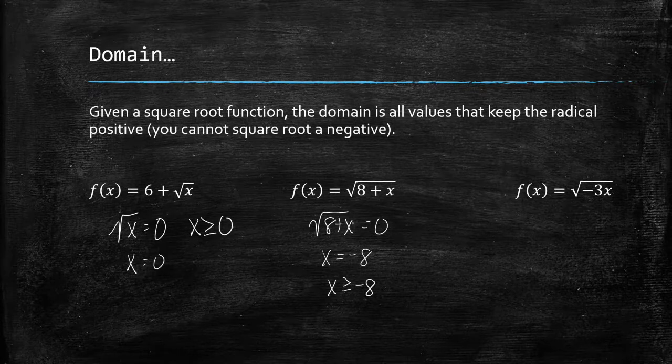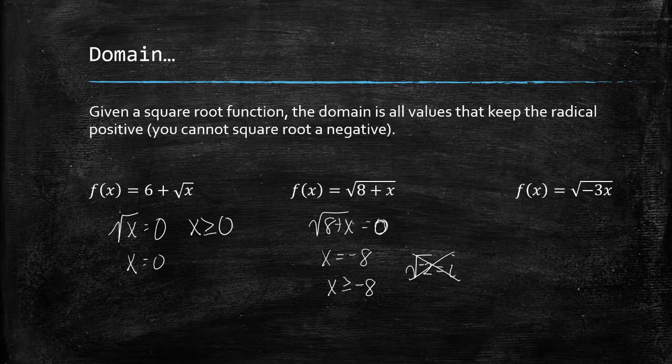I'm good. If I put negative 10, let's say, I'm going to get 8 plus -10 is -2, and the square root of -2 is going to be something imaginary. Therefore, it does not exist in the coordinate plane, so it does not satisfy this function, okay?